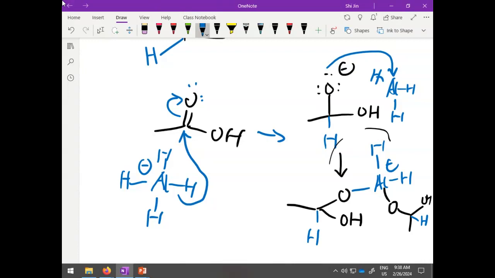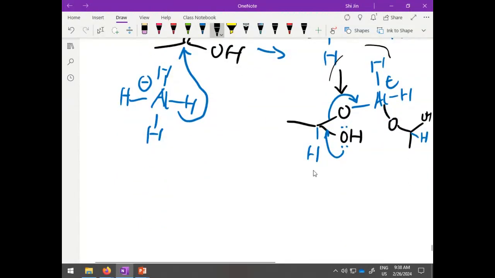Then once all the hydride is donated, this bond can actually break, and after it breaks, this thing can come in. Then at one point it becomes an aldehyde, which can then receive the attack of aluminum hydride again.